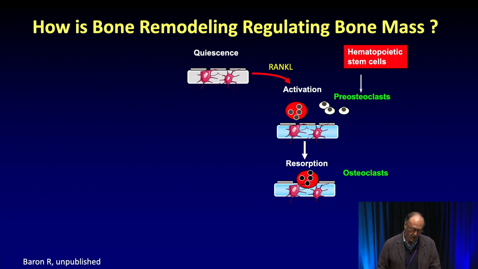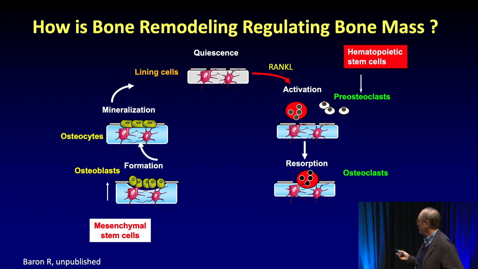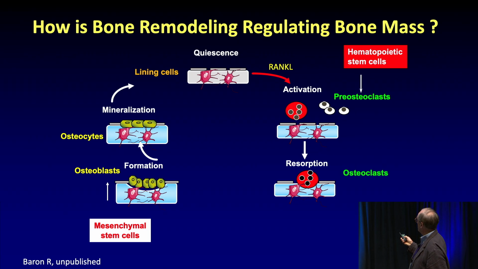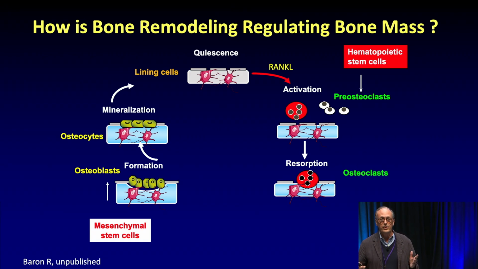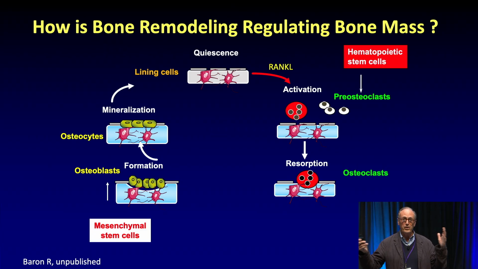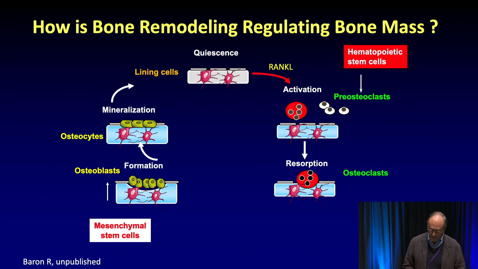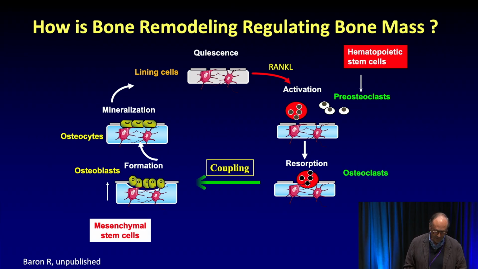And the other lineage is the mesenchymal stem cell lineage that leads to the formation of osteoblasts, osteocytes, and as we will see, also lining cells. So these two cell lineages have two opposite functions, and of course they need to talk to each other if you want to have a coordinated activity.